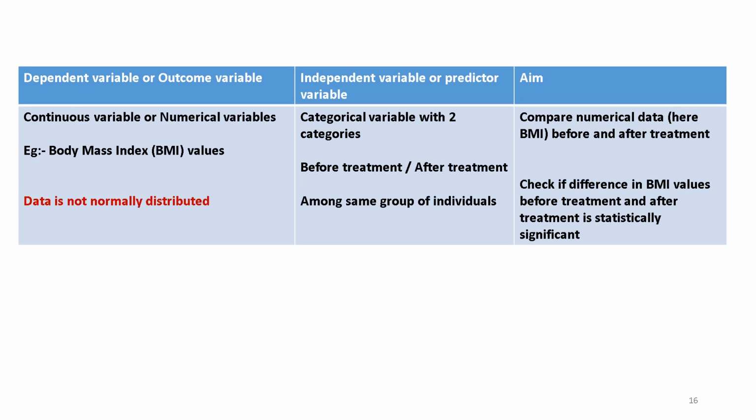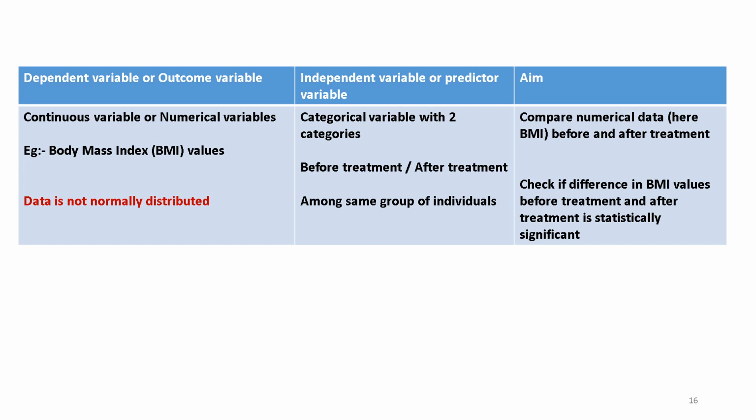Now next scenario. The dependent variable or outcome variable is a continuous variable, like body mass index values, and the data is not normally distributed. The independent variable is categorical with two categories, like before treatment and after treatment among the same group of individuals.